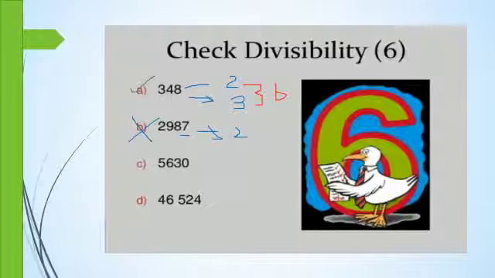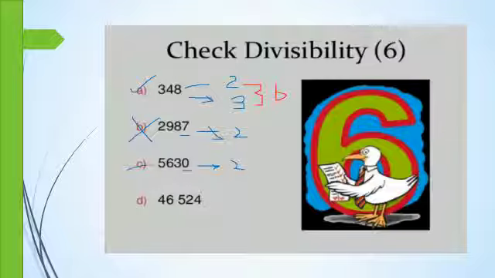Now we will check the divisibility test of option C, that is 5630. Here we can see that the last digit is 0. It means it is divisible by 2. Now we will check the divisibility test of 3. For that purpose we will add all the digits, and we get 14, and 14 is not a multiple of 3.